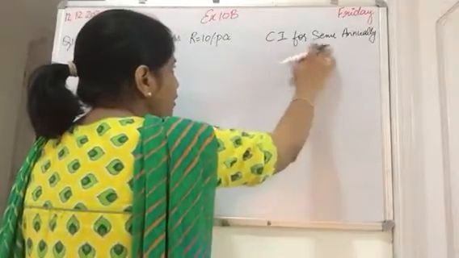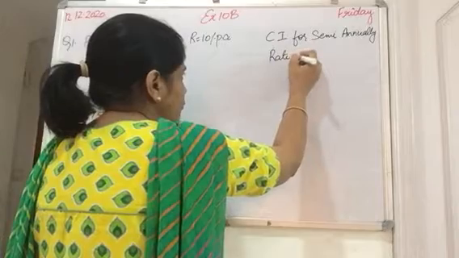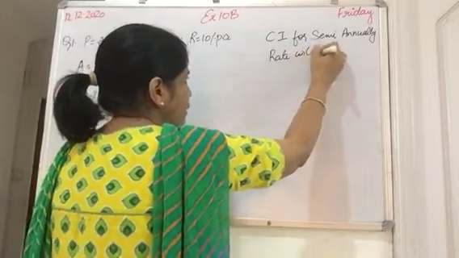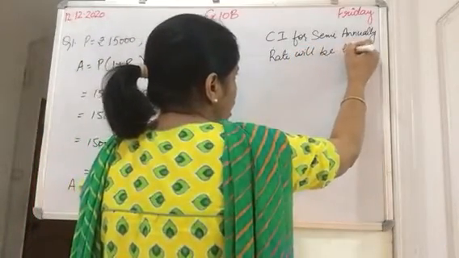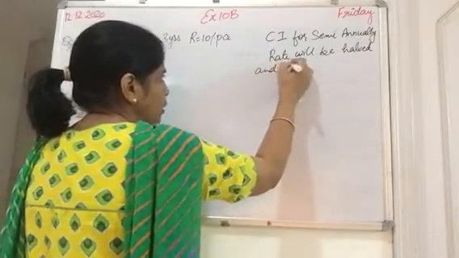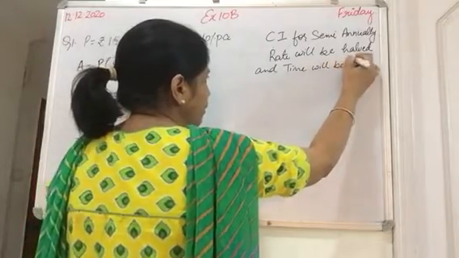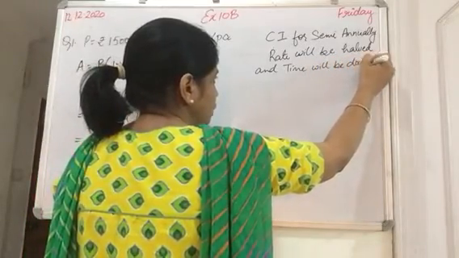So for compound interest semi-annually, the rate will be halved and time will be doubled. Clear?